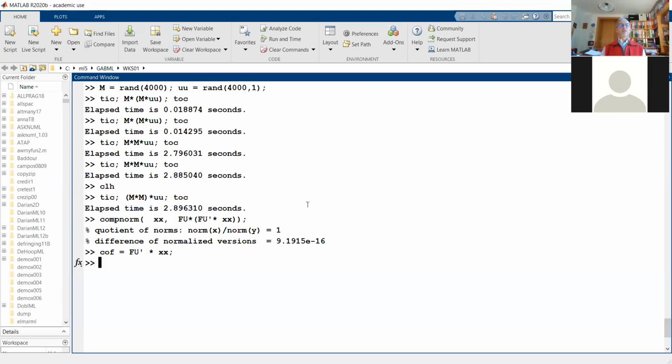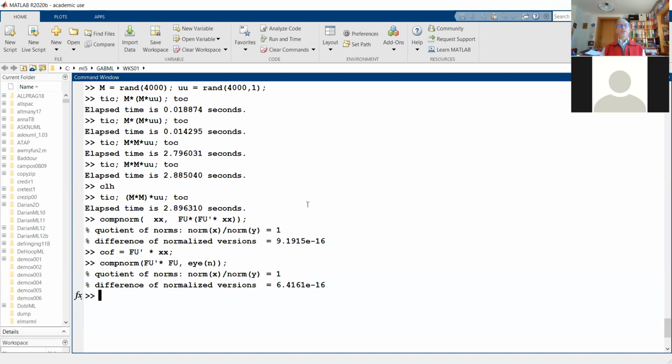On the other hand, what does it tell you if you're saying FU prime with FU is the same as I of n? Now you're taking all the columns of your matrix FU, and you're taking scalar products with all the other columns. Remember, the rows of FU prime are the conjugates of the columns of FU, but now appearing as row vectors. What is matrix multiplication?